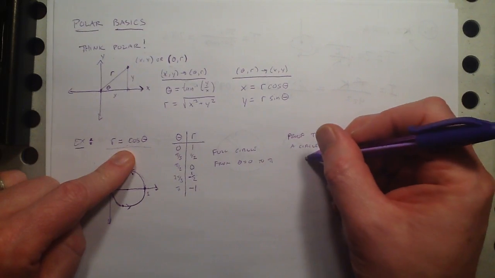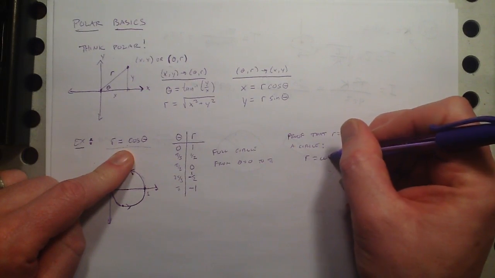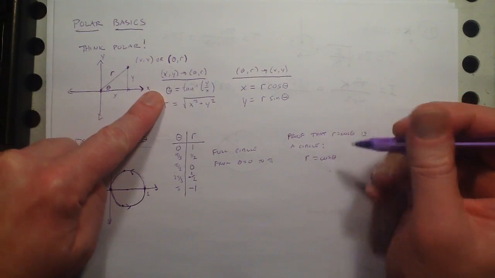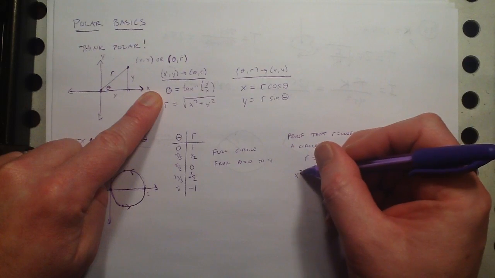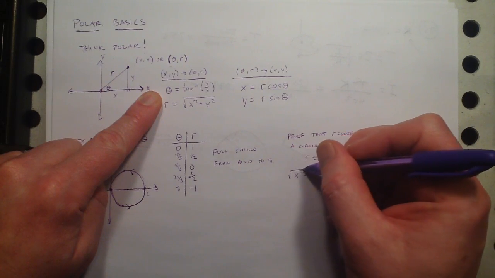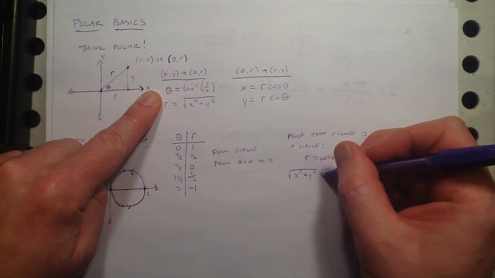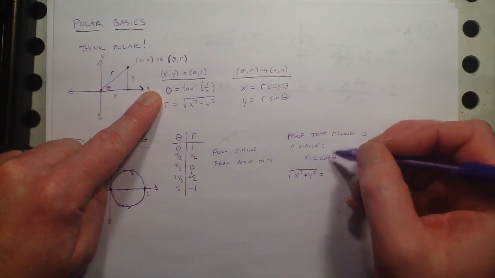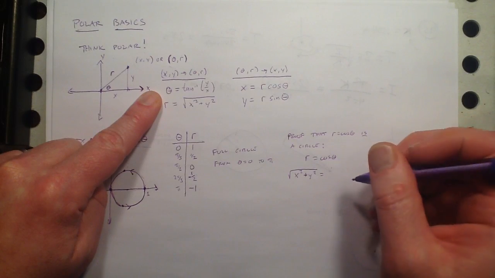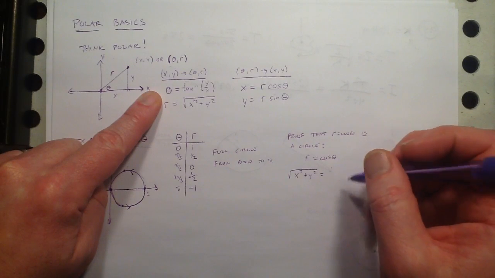So if we start with r equals cosine theta, I want to turn everything into x's and y's. Well, r is equal to the square root of x squared plus y squared, and cosine theta is equal to x over r. Sorry, I can't have an r in there, can I?